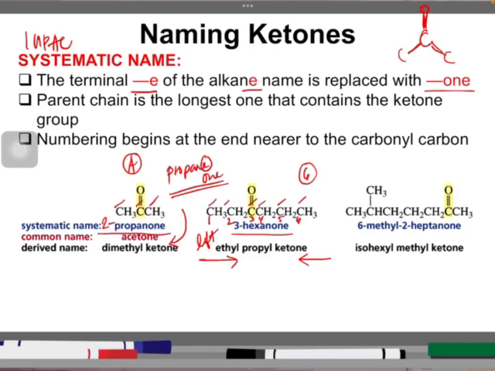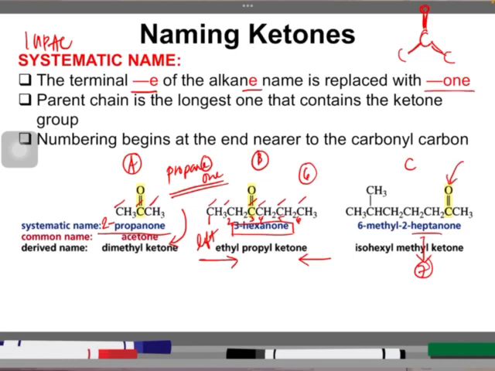Okay? So, for this one, ito naman, yung medyo mahirap na structure, let's say that's structure C. So, this one is called 6-methyl-2-heptanone. Heptanone siya kasi when you say hep, that's 7. Then, the ending or the suffix is -one. And where is the carbonyl group? So, the carbonyl group is here. So, we'll start with the numbering from your right.